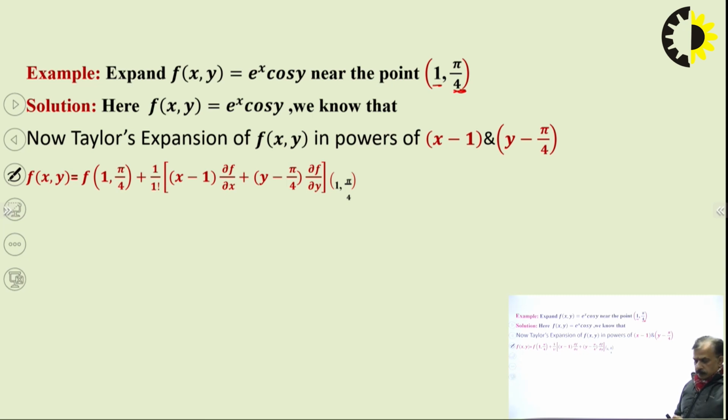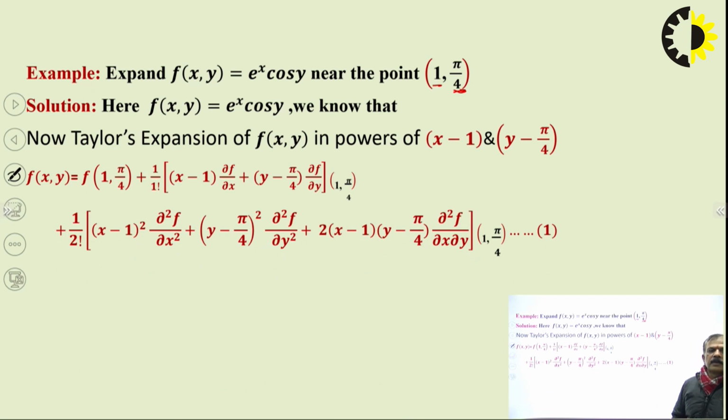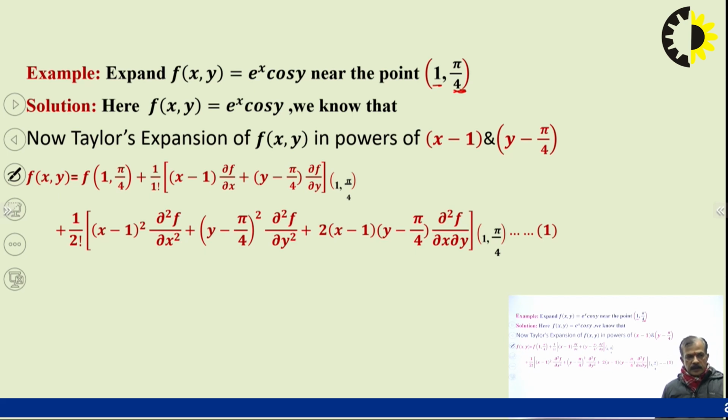The next term of this expansion is 1 upon 2 factorial into x minus 1 whole square into del 2 f over del x square plus y minus pi by 4 whole square into del 2 f over del y square plus twice x minus 1 into y minus pi by 4 into del 2 f over del x del y, and the values of these derivatives at x equal to 1 and y equal to pi by 4.